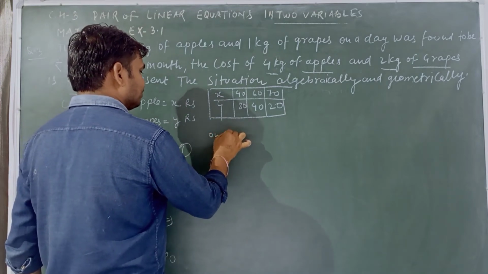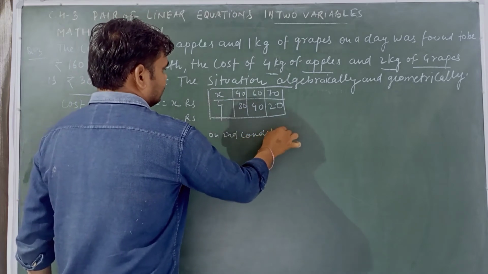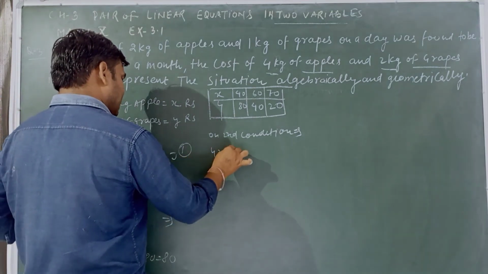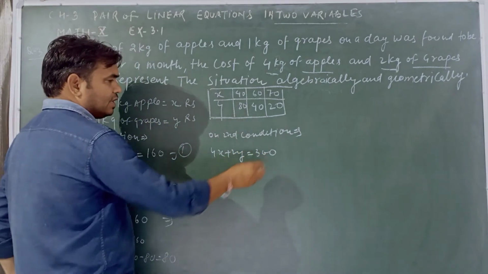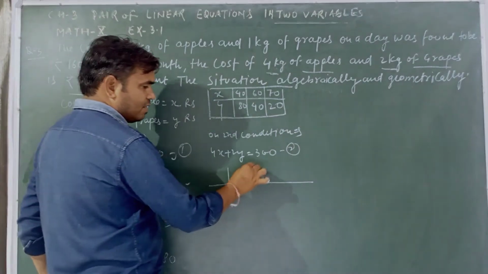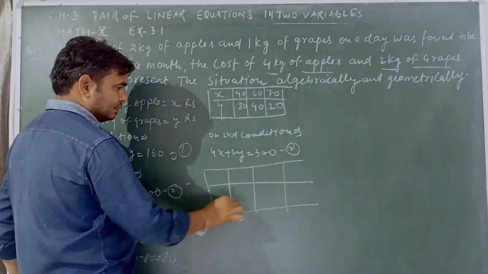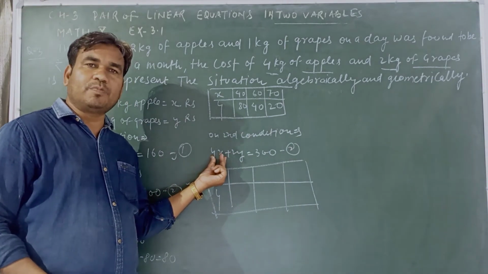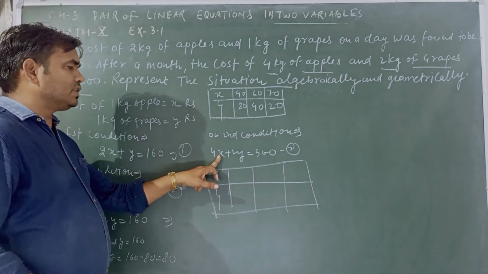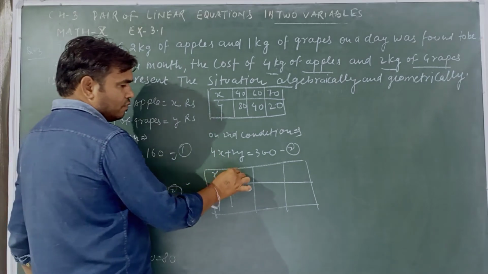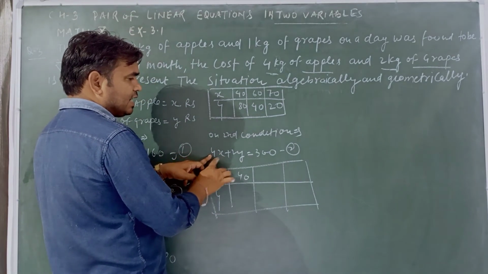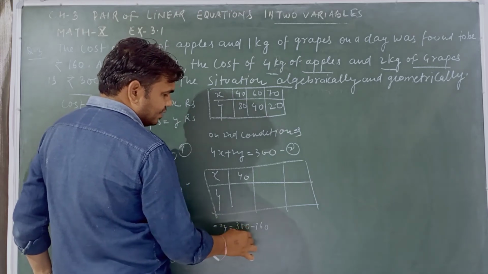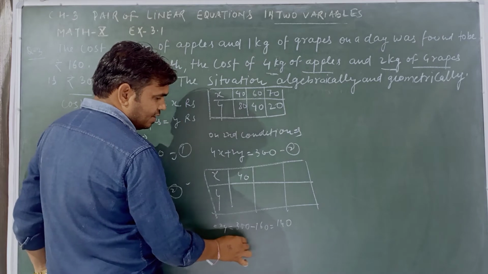For the second condition, 4x plus 2y equal to 300, we find the values of x and y. If we put x equal to 40, then 4x is 160, so 2y equal to 300 minus 160, we got 140, so y equal to 70.